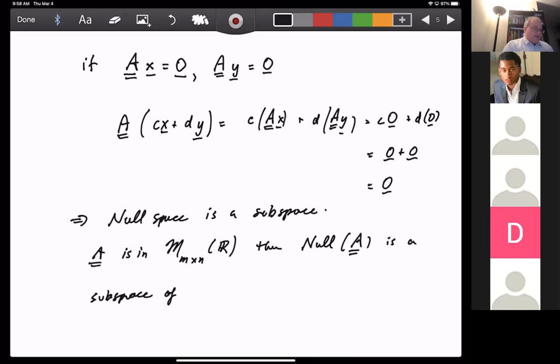Well, it's a subspace of Rn, because this matrix A has m rows and n columns. If I want to multiply this matrix by a vector, it's going to be an n-component vector. So I can take these matrices, multiply them by vectors in Rn. So when I talk about the null space of this matrix, it's a set of vectors in Rn.